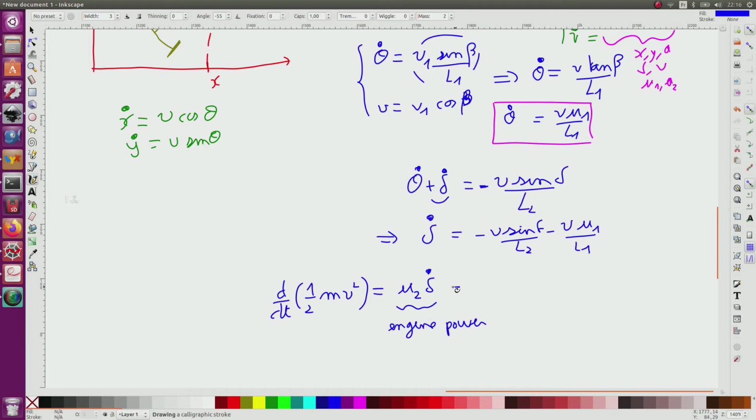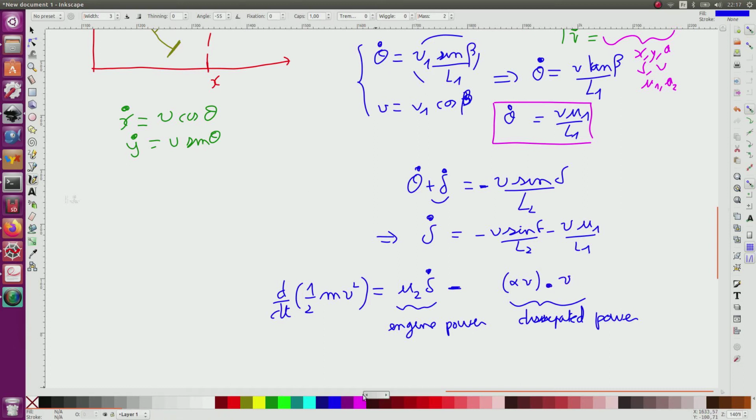And also I have some friction, so I will write the dissipated power: the force of friction, which I assume proportional to the speed, alpha times v, multiplied by v.